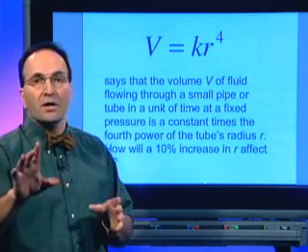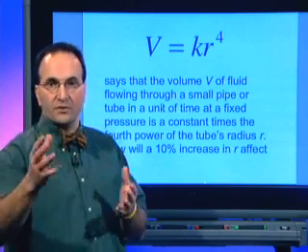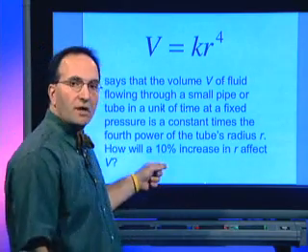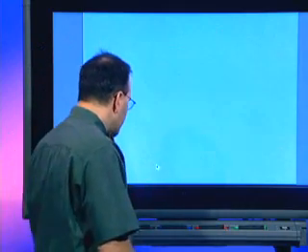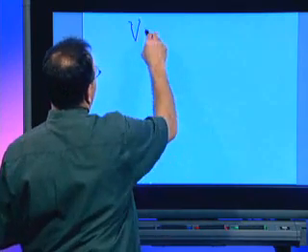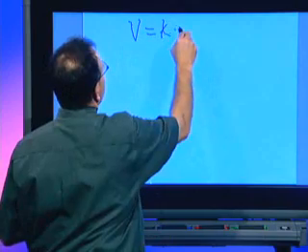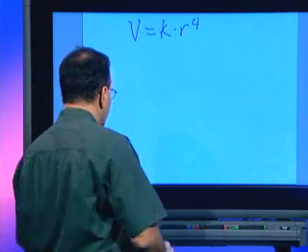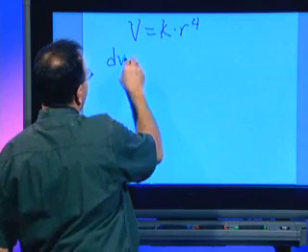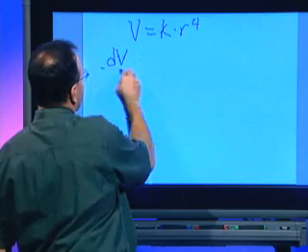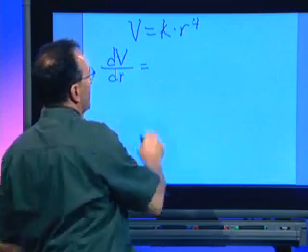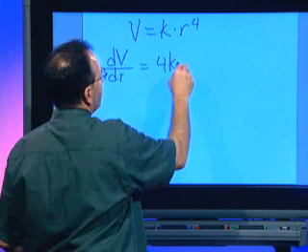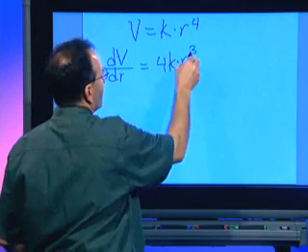Well, remember, changes are with respect to our first derivatives, and so that's what we'll use in this problem. So let's take V is equal to K times R to the 4th and work with that. What we know is that the derivative of V with respect to R is going to be equal to 4K times R cubed.